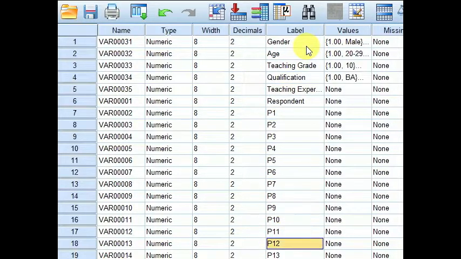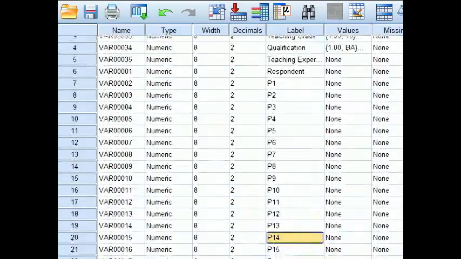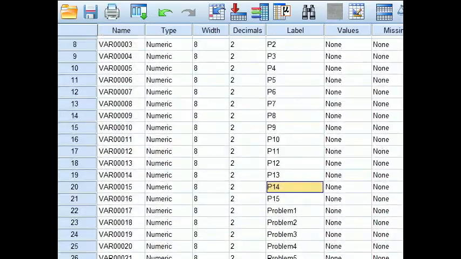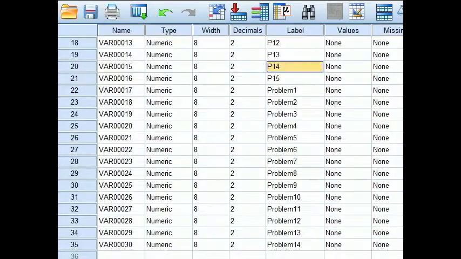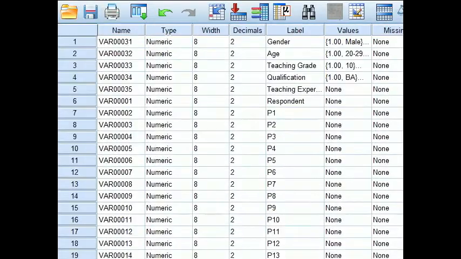The labels P1 to P15 pertain to the perception, and Problem 1 to 14 pertain to the problems.